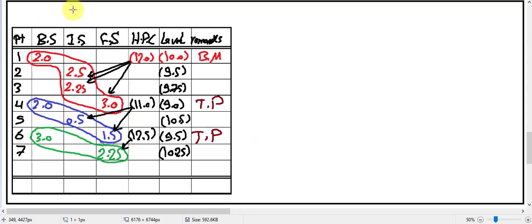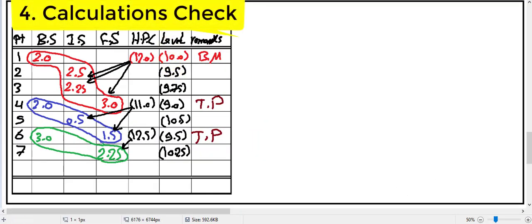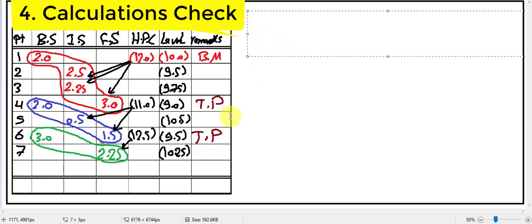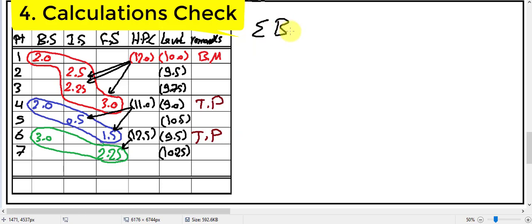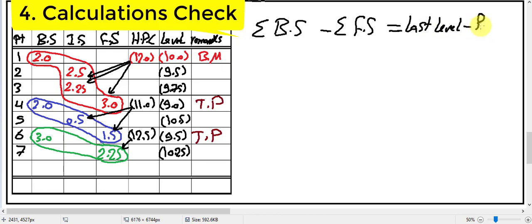The fourth and final step is the calculation check, and we have two equations for that. The first equation is: summation of backsight minus summation of foresight must equal the last level minus the first level.